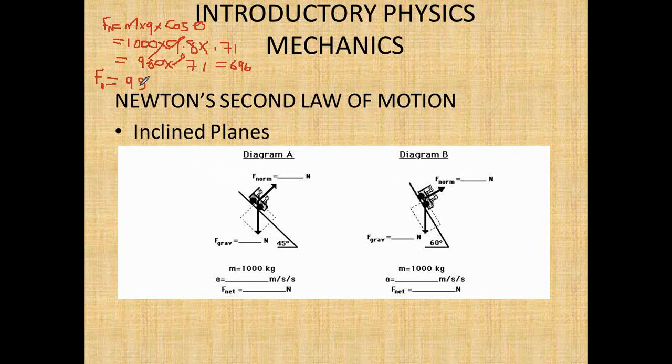Okay? So it's 980, mass times acceleration, times the sine of the angle. And the sine of 45 degrees is 0.85. So you just pull out your calculator and you look for the sine of 45 degrees.